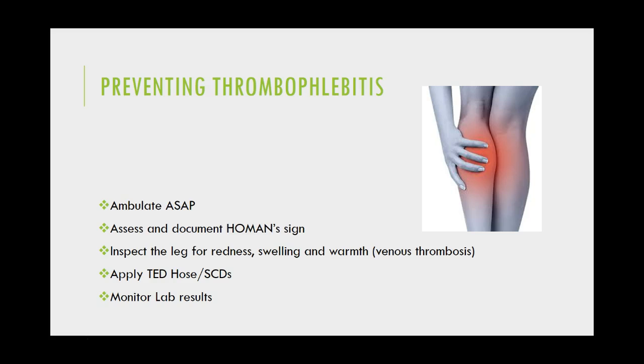We want to assess and document Homan sign, inspect the leg for redness, swelling, and warmth because that's an indication that there's a venous thrombosis forming. We want to apply TED hose and SCDs as ordered by the doctor. There may be Lovenox shots to be given or other types of anticoagulant meds that mom is prescribed by the doctor, and we want to monitor lab results.